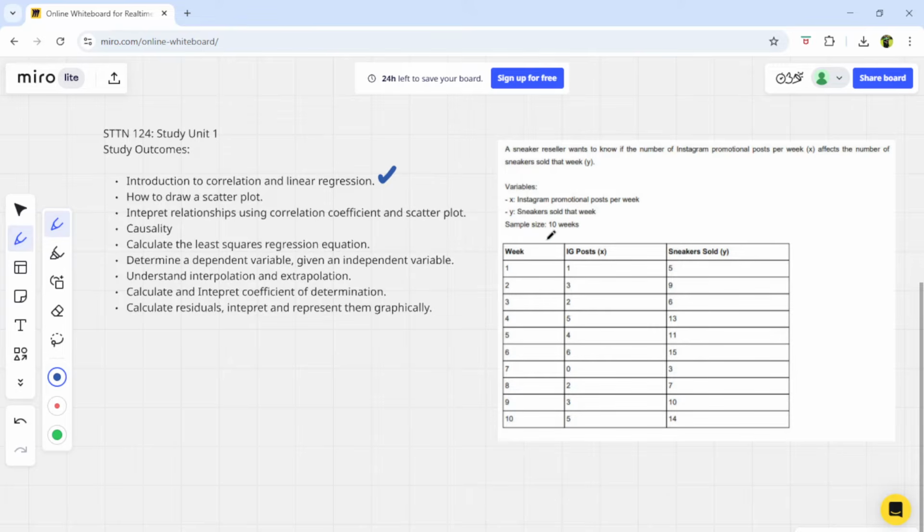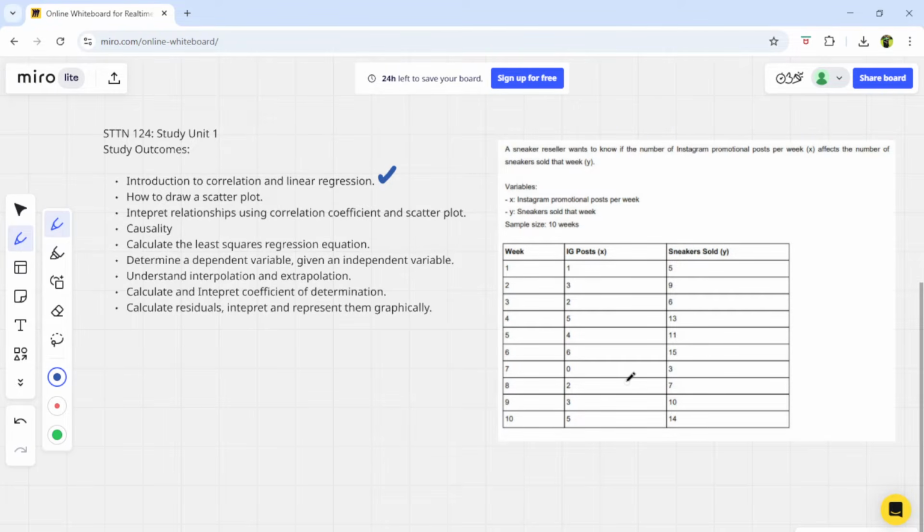Alright, so we can see that week one there was only one post, and that post resulted in 5 sneakers sold. Week two there was 3 posts, resulted in 9. Two the following week resulted in 6, and so on. Other weeks, like week 7, there was no post and there were only 3.